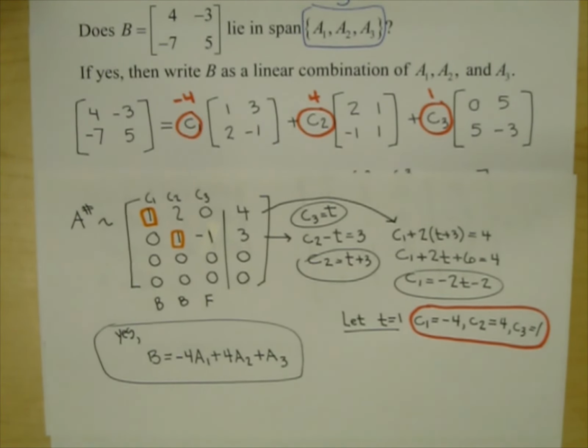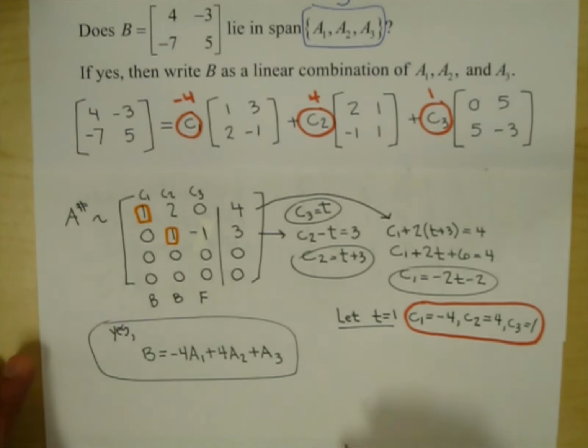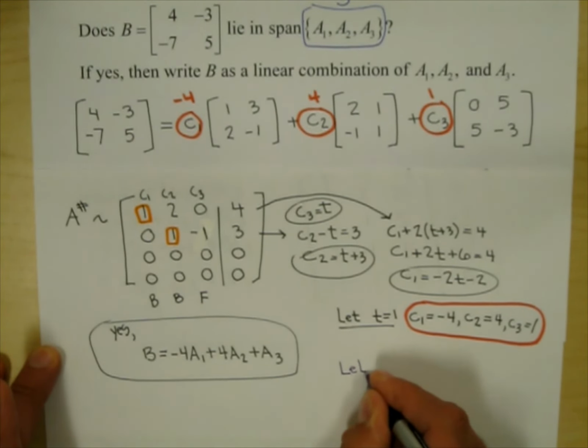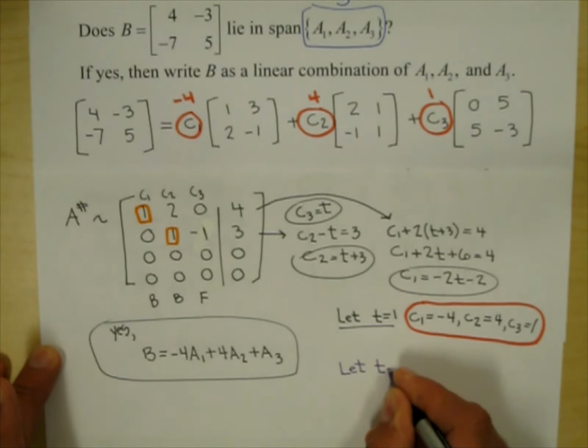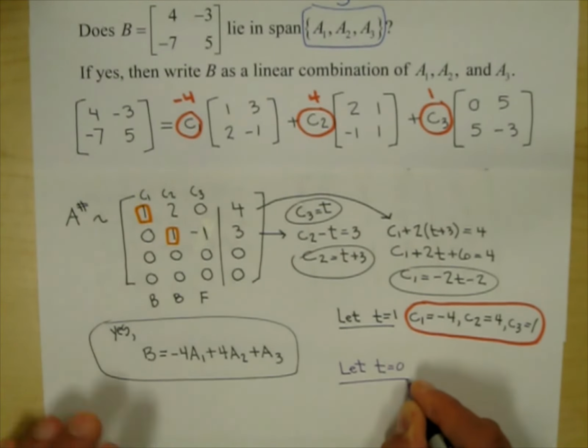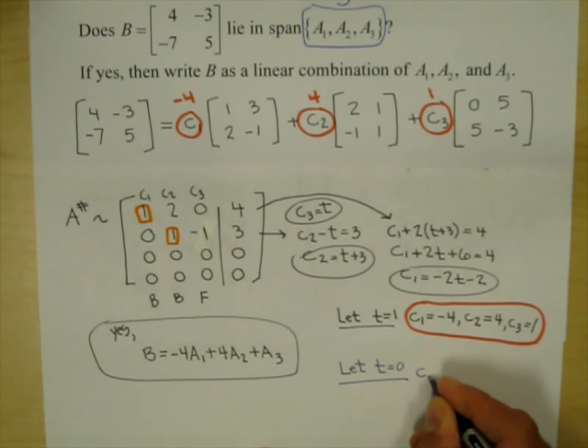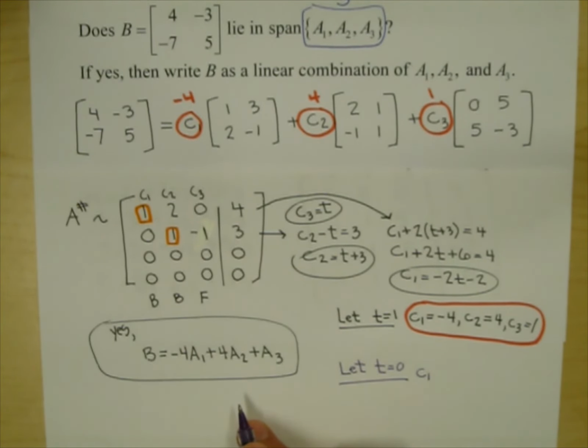Now some of you may have noticed that you wanted to let t equal a different value, like t equals 0. Well, if t equals 0, so we're done with the problem, by the way. I'm just having a math nerd moment.